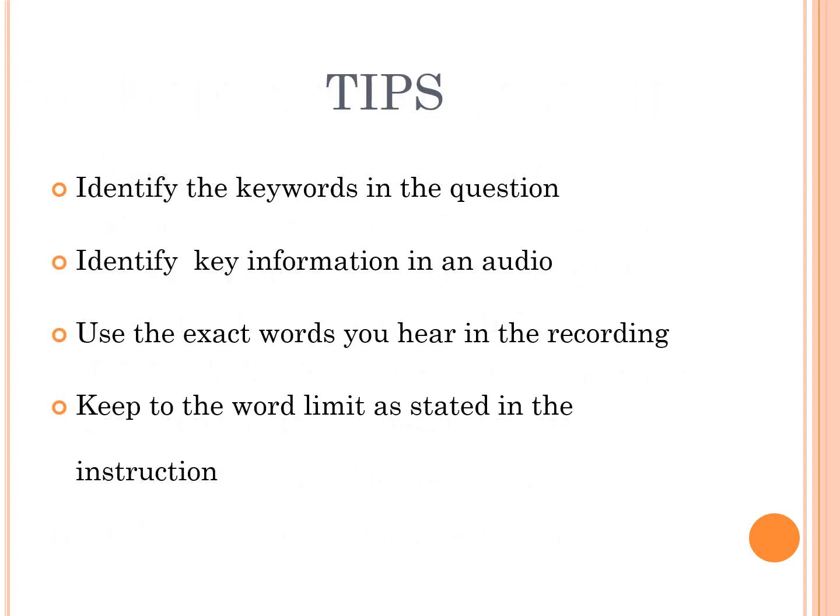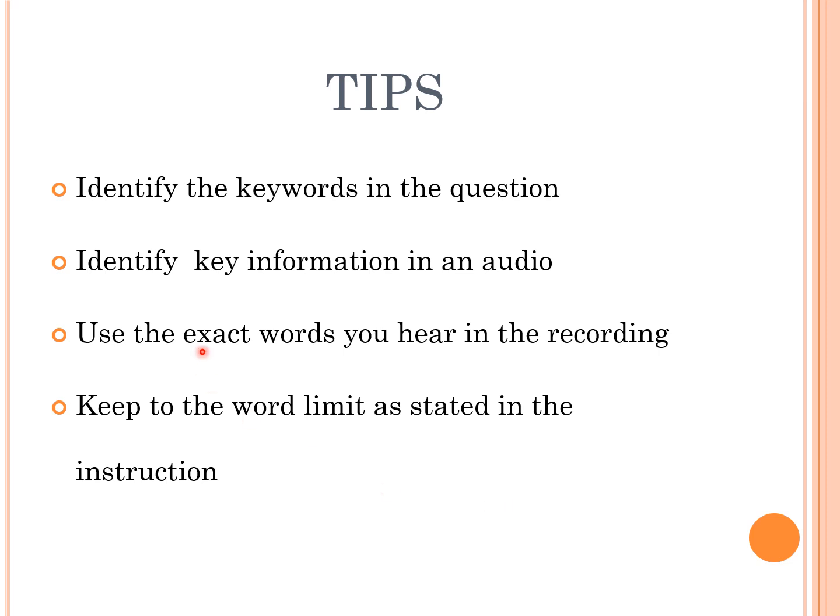Let's move toward the tips. Identify the keywords in the question. I believe this point is for every type of question. Before the audio starts, you need to underline the keywords. It's for your ease because you will get an idea about the question.